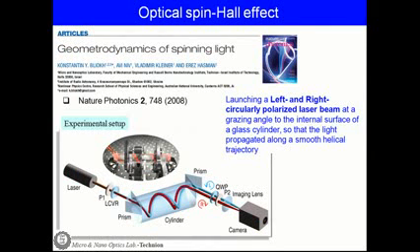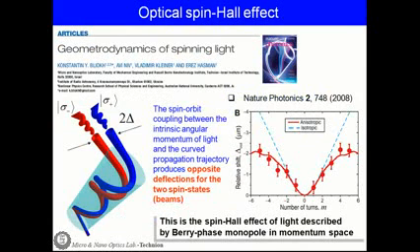Recently, we observed the spin Hall effect of light, or optical spin effect, in a microscale system by launching a left and right circularly polarized laser beam into a glass cylinder, and we measured the emerging beam as a function of the incident spin state.